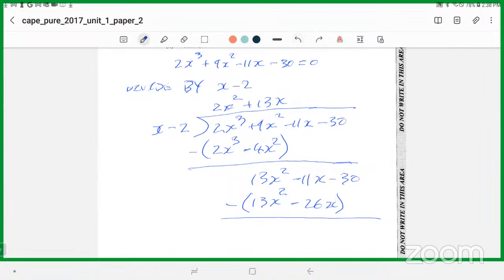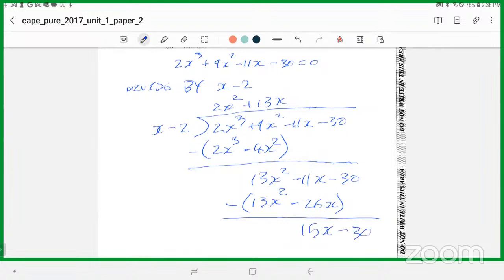Oh, I see the mistake now. This minus minus means a plus. So it becomes plus 26 minus 11, which becomes 15. All right, my mistake. So it becomes 15x minus 30.